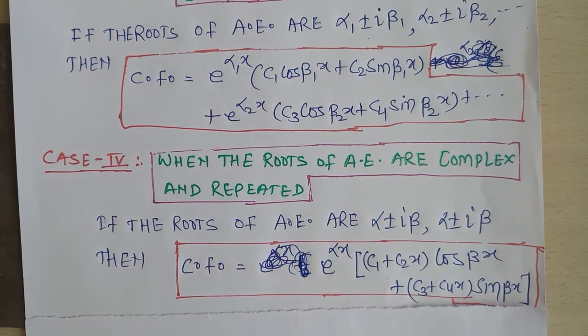So these are the four cases to express the complementary function based on the nature of the roots of the auxiliary equation. Now we discuss 4 examples on these 4 cases, how practically we write the complementary function.